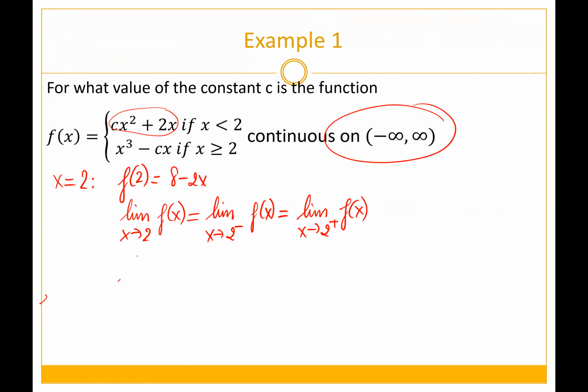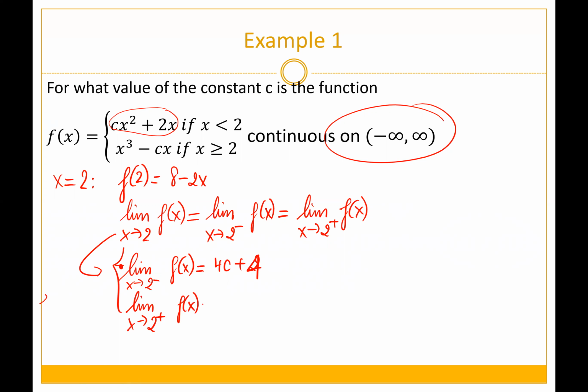Now I'll put it into 2 parts. This one, the limit of x approaching 2 from the left of f(x), is when x is smaller than 2. So this is the expression, and you're going to plug in x equals 2 as you learned in previous weeks. You have 4c plus 4. And then you have the limit of x approaching 2 from the right of f(x), when you're going to plug in 2 here.